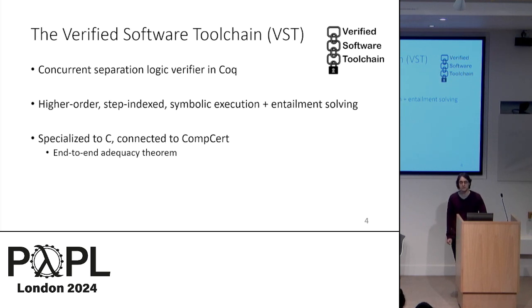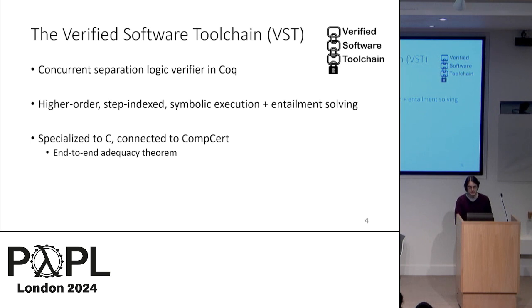The big distinguishing thing about VST is that it is mostly specialized to C, and in particular to C as defined by CompCert. And what this gets us at the end is that if we prove something about a C program, then we know that when we compile and run that program, it will actually execute correctly.